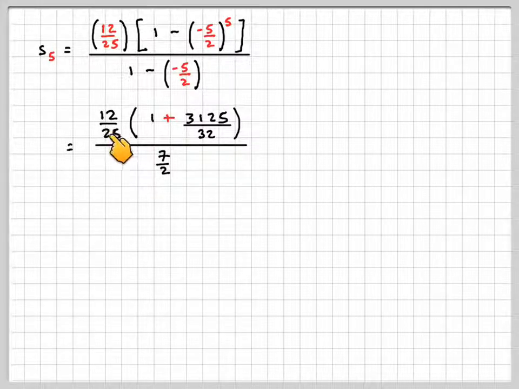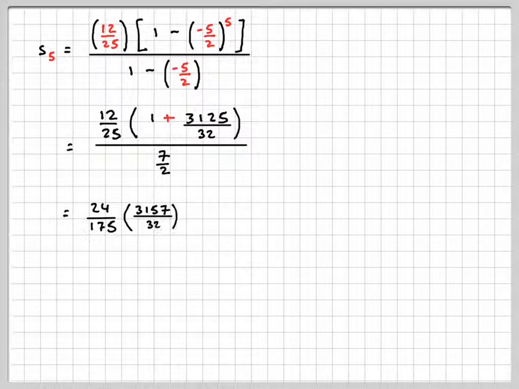And then if we do 12 over 25 divided by 7 over 2, we're going to get 24 over 175. And then 1 plus 3,125 over 32 becomes 3,157 over 32. And then we're going to multiply those together using the fraction button on our calculator to get 1,353 over 100, or 13.53.